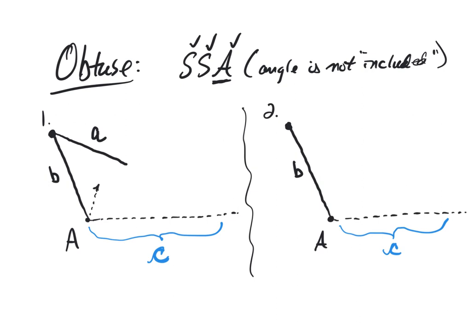However long side A is, we're going to pretend that we can swing this arm of the triangle up and down. We're going to let that be a hinge or a pivot.